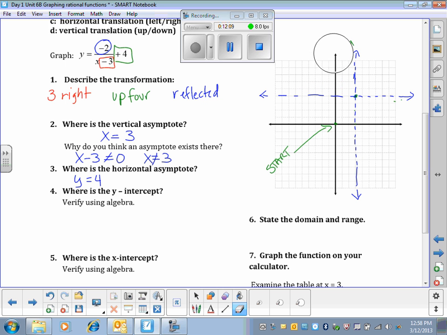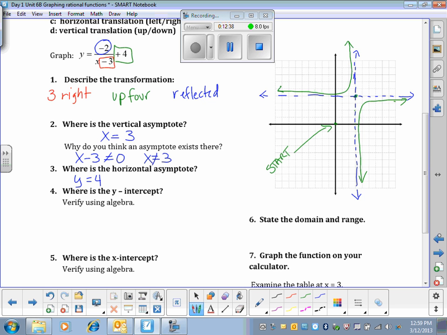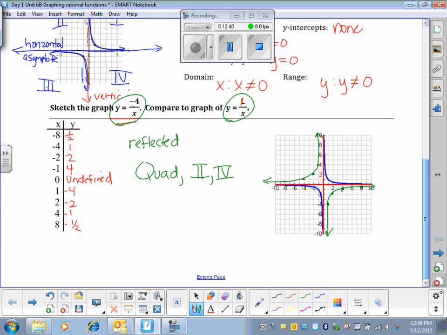Does everything start in the...? It always starts in 1 and 3 for these kinds of equations. So it starts here and here, and then it reflects over that line. So when it reflects, it goes to 2 and 4. Like it did on the previous page, like it did here.